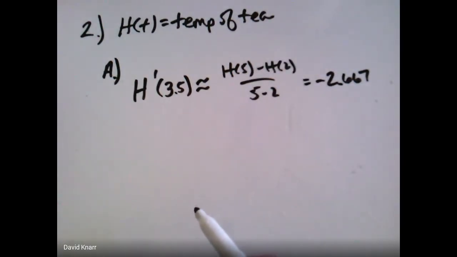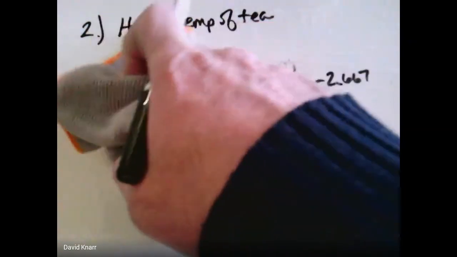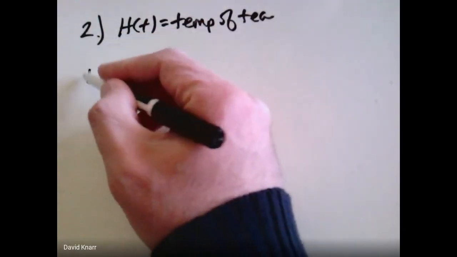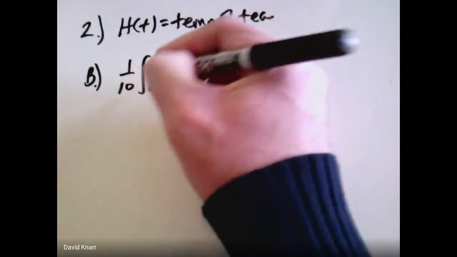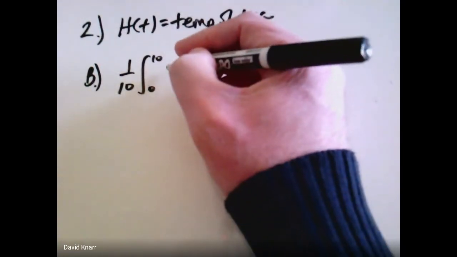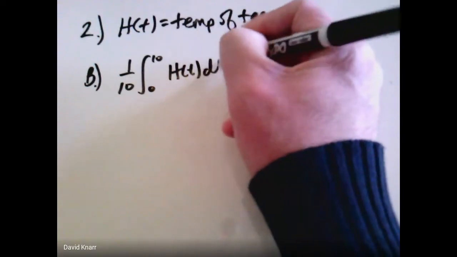Okay? All right, let's go to letter B. In letter B, it wants you to, using correct units, explain the meaning of 1/10 the integral from 0 to 10 of H of t dt in the context of this problem, and then calculate it with a trapezoidal sum.